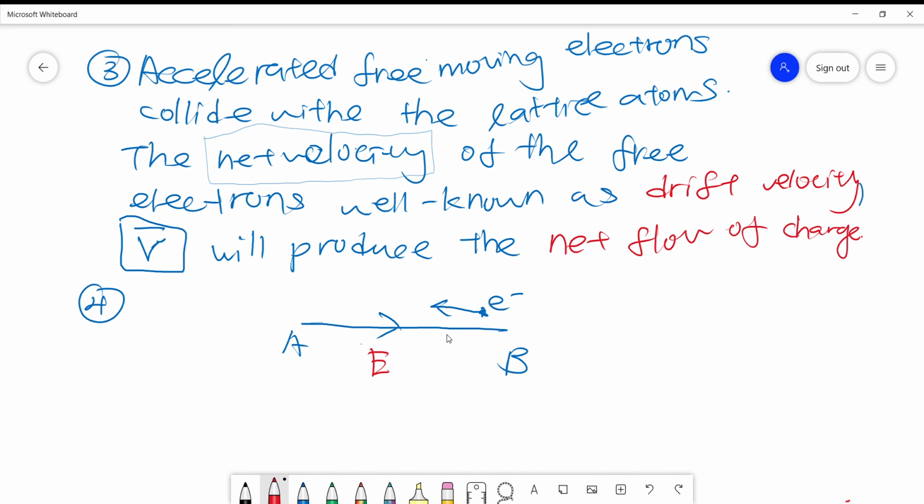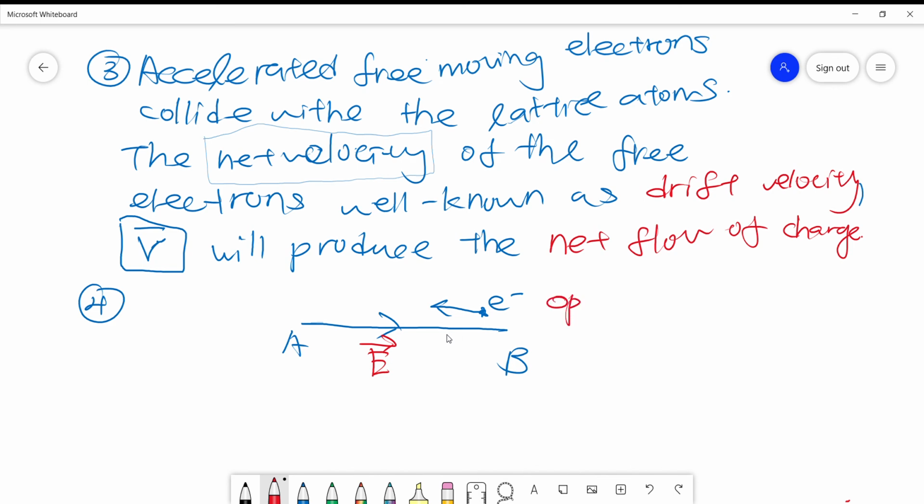If my electric field is moving in the direction from A to B, it means that the free electrons will always oppose the direction of the electric field.